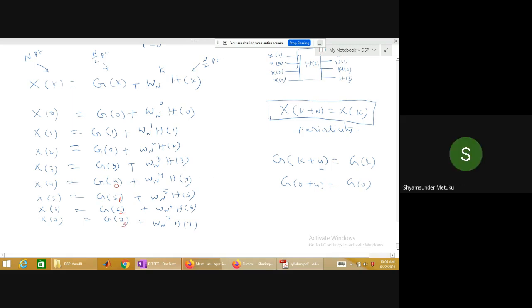Similarly, H of 4 can be written as H of 0, isn't it? H of 5 can be written as H of 1. H of 6 can be H of 2. H of 7 can be H of 3. Correct or not? Okay, finally, W_N to the power of 4 again.